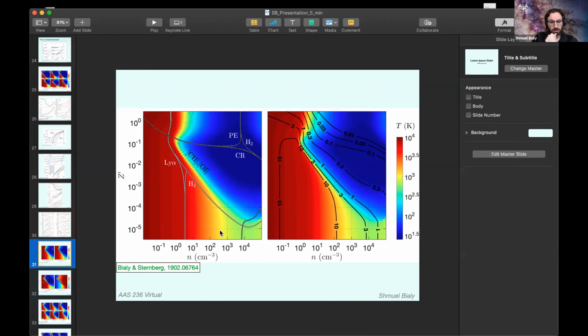Right, that's a good point. CO in this plane would form at very high densities, especially at low metallicities. It's very nonlinear, because for CO, not only do you lose the metals as you decrease metallicity, but you also lose the shielding from H2 and the self-shielding from CO. Another very important point is how the dust-to-gas ratio scales with metallicity, because there is now evidence that it's nonlinear.